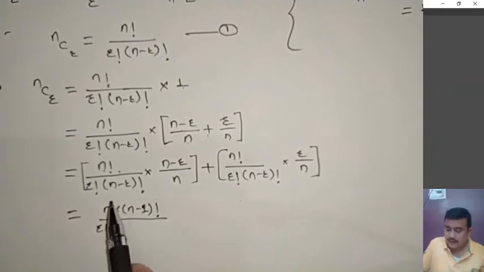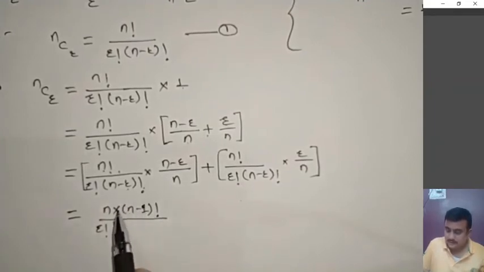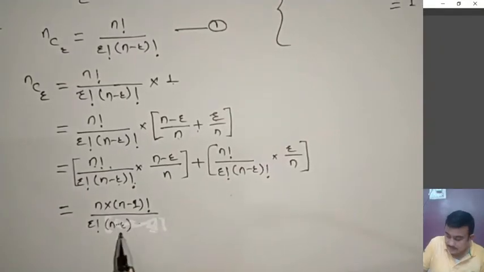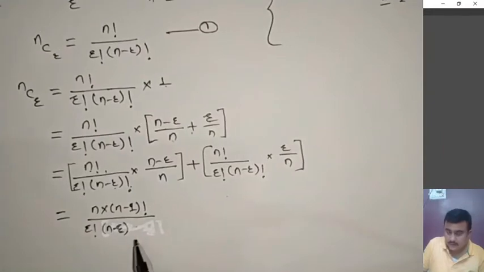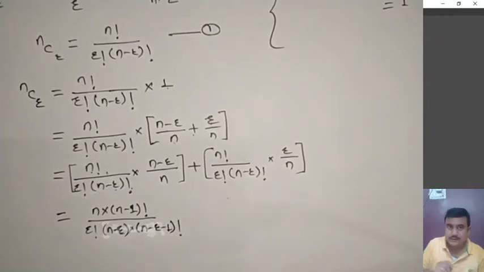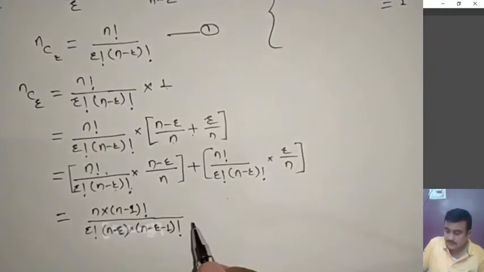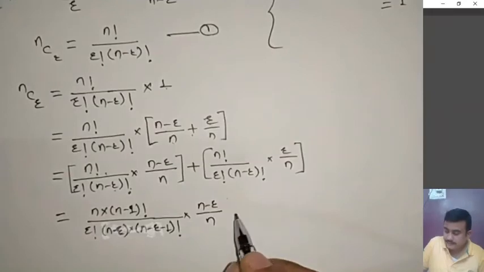Now again I am writing this n minus r factorial with the same property, n minus r into n minus r minus 1 factorial, multiplied by n minus r divided by n, plus.